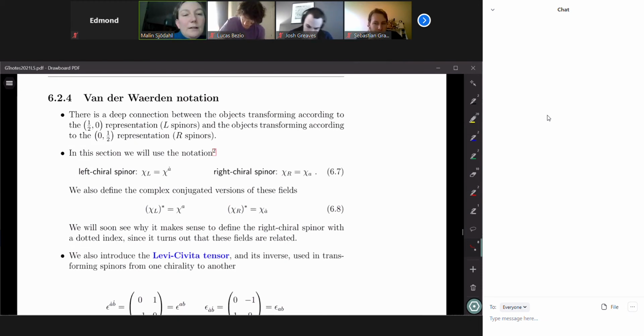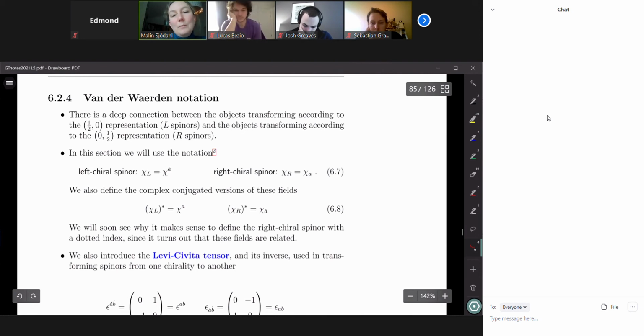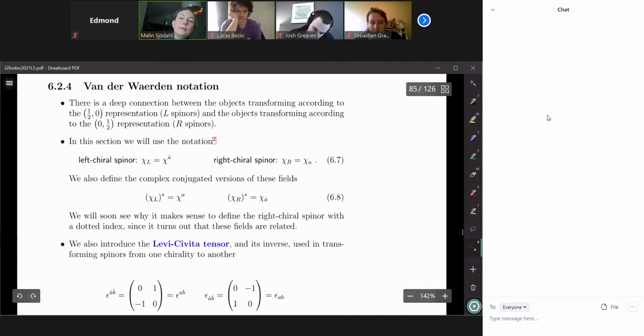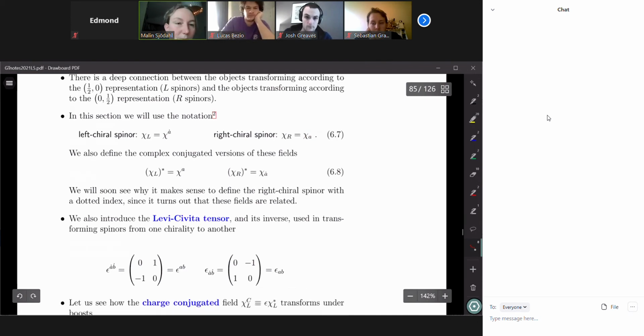We have the left chiral spinor, and we call it chi with an upper dotted index for some not yet explained reason. The right chiral spinor, we call it chi with a lower undotted index. One could say it makes sense to distinguish them because they are different, and one way of distinguishing them would be to have a dot on top of one of them and not on the other one.